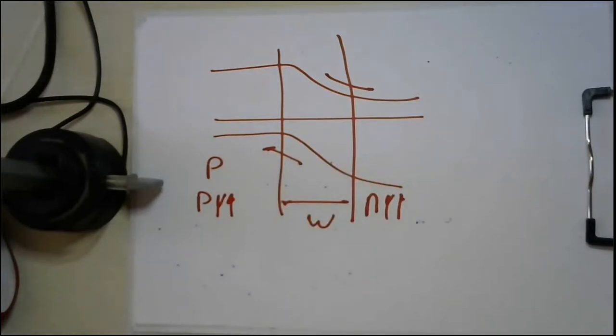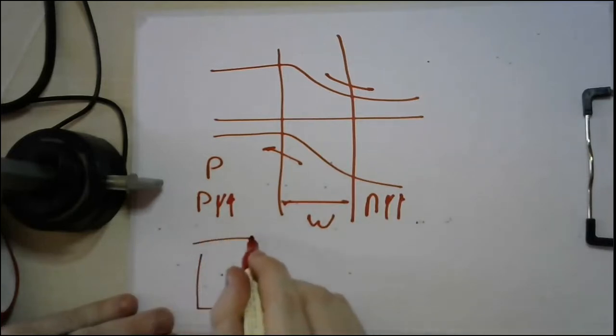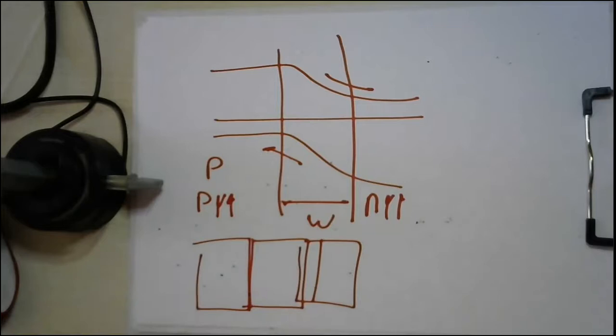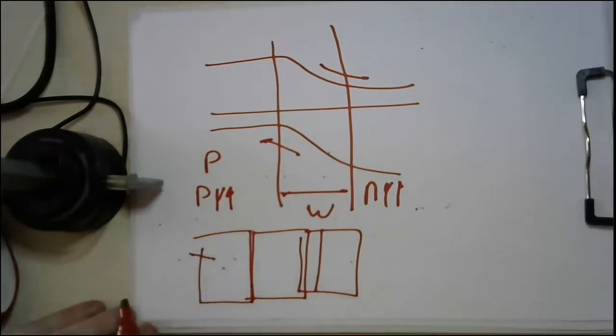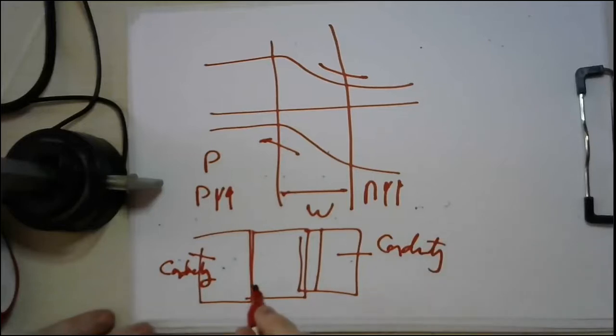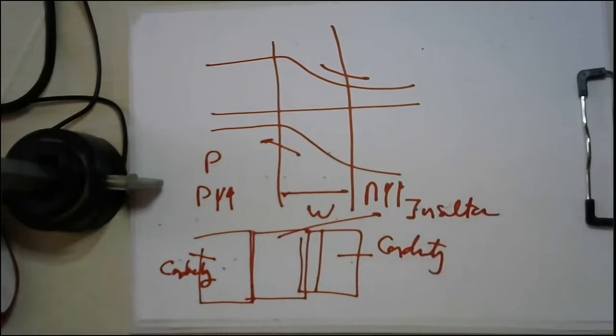So, let's think about this device in a different manner. You have three layers. One layer is somehow conducting. It's a semiconductor, but it's a p-type, so it's somehow a conducting layer. Another is a conducting layer, an n-type one. And the third one is somehow an insulator, because it does not contain free charge.